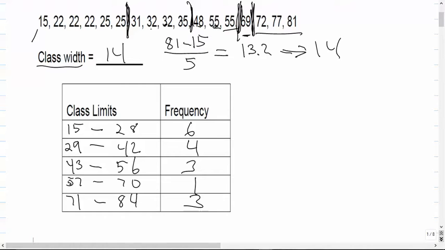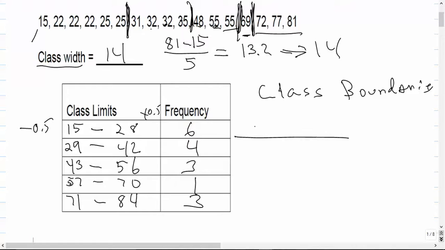Okay? Now I'll just remind you, it's not being asked here, but if I wanted the class boundaries, what I do is take a half from the lower limit and add a half to the upper limit. So for the first one, the class boundary would be 14.5 to 28.5.